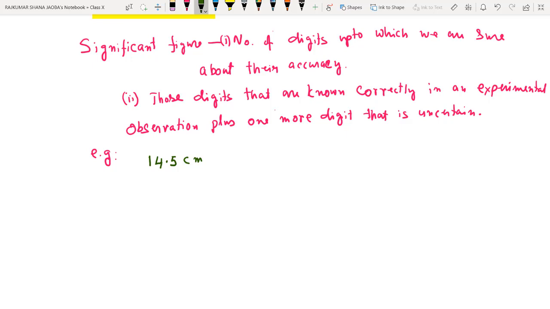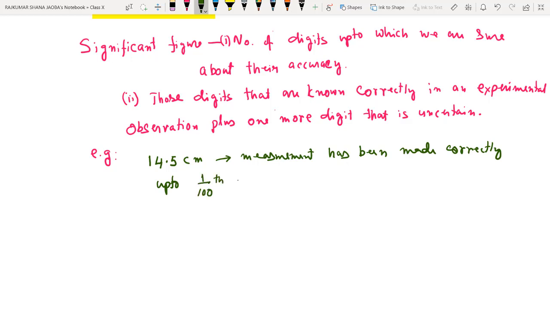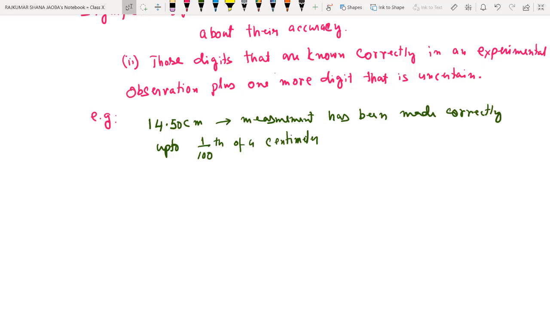The measurement has been made correctly up to 1/100 of a centimeter.